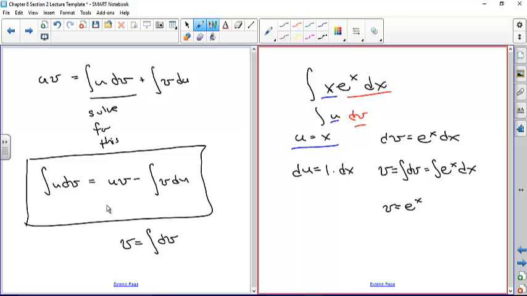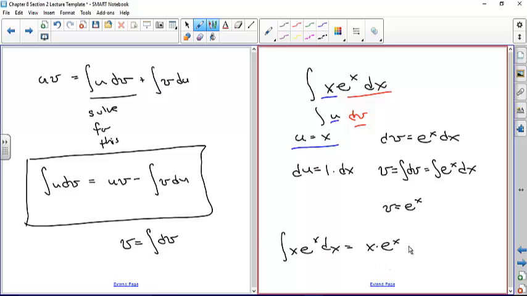And based upon just taking the product rule and manipulating it a little bit, I know that the integral of x e to the x dx, which is this side, is equal to u. U is x. V is e to the x.